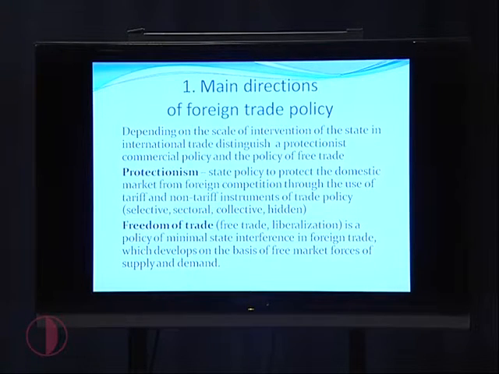Freedom of trade, or we can say free trade or liberalization, is a policy of minimal state interference in foreign trade, which develops on the basis of free market forces of supply and demand.